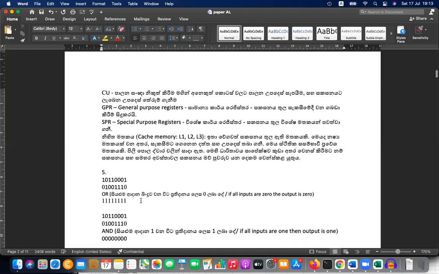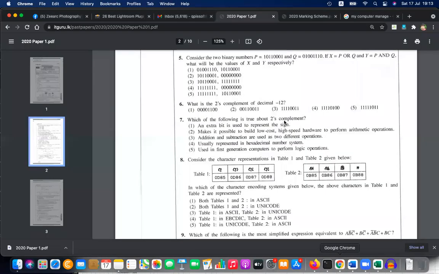Therefore, you are getting all zeros, all ones, and all zeros. X and Y respectively. X is the OR answer, meaning everything 1. Y is the AND answer, meaning everything 0. So the answer is number 4.